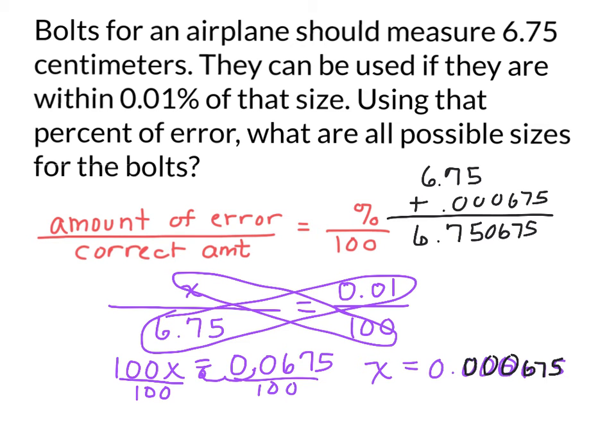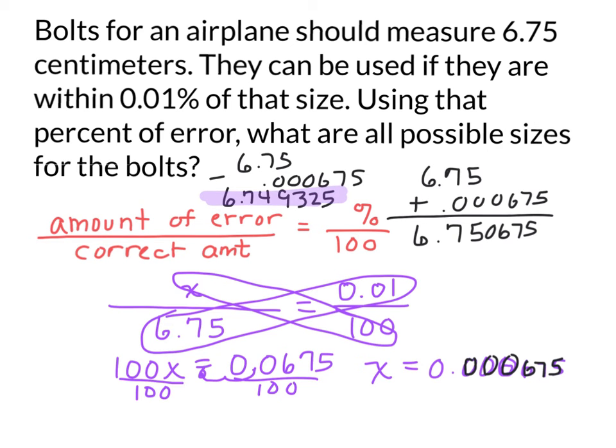If we subtract 6.75 minus 0.000675, taking out the calculator for this one, the bolts could be 6.749325 centimeters.